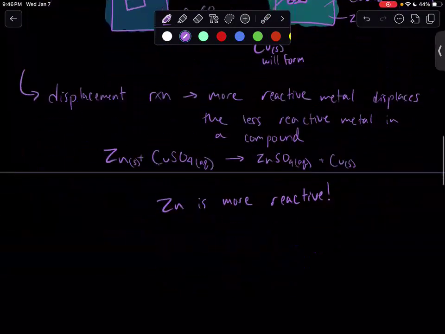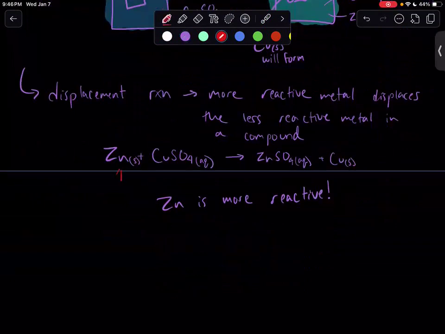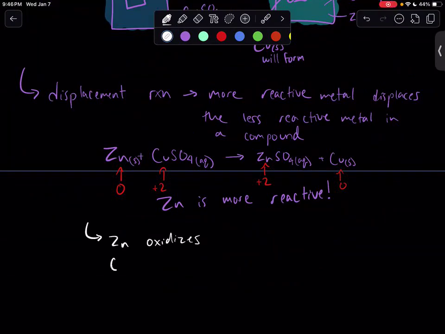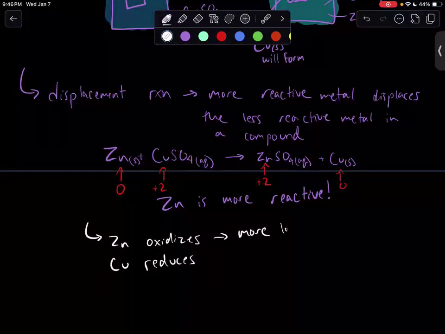Now, if we start looking at oxidation states, zinc has an oxidation state of 0, copper has an oxidation state of +2. Now, zinc in the products has an oxidation state of +2, while copper is 0. So zinc oxidizes while copper reduces. Therefore, zinc is more likely to oxidize because it does.